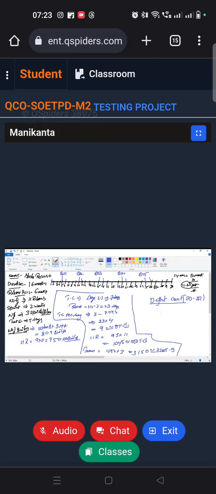No, the features are different, so this time I will take 25%. 25% of 3200: 10% is 320, 640 plus 5%, 160. 640 plus 160, 800. So 800 to 820 defects are there in my project.